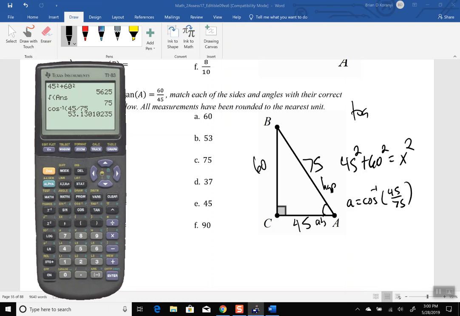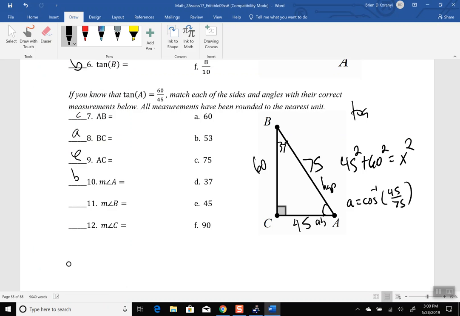And then if that's 53, 90 plus that, 180 minus that answer, that means this must be 36.87 or 37 degrees. And that angle C is at 90 degrees, F.